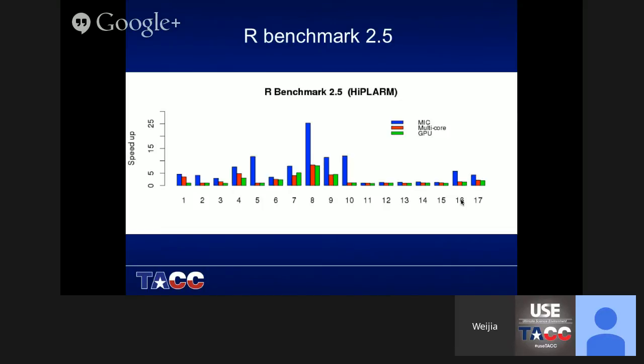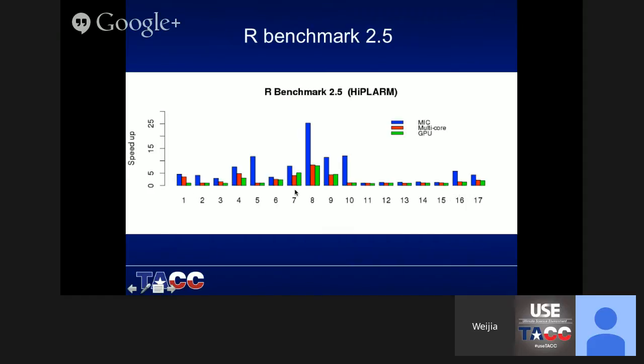We have been doing some performance benchmarking with both the MIC and the GPU. The R benchmark is a set of scripts that runs through about 15 different tests. It has been around for almost 15 years, and people use it to see what kind of R performance they get. The last two are just the sum of the total time spent. This graph shows the speedup for each different test.